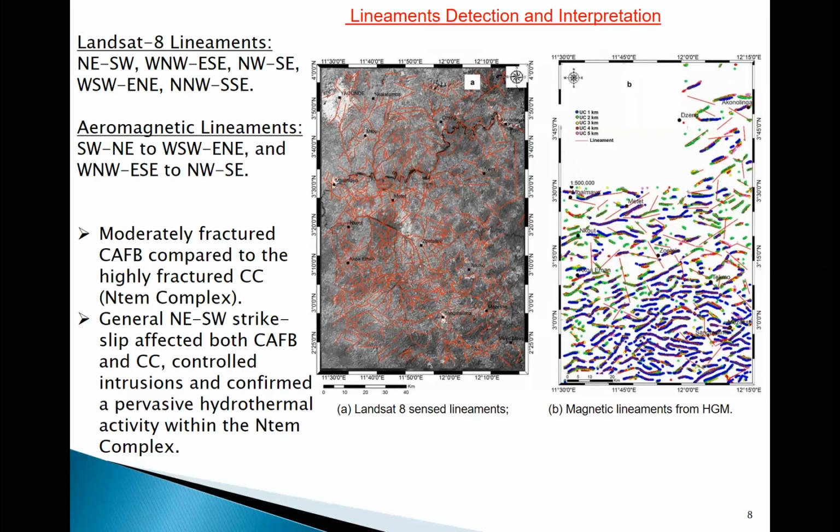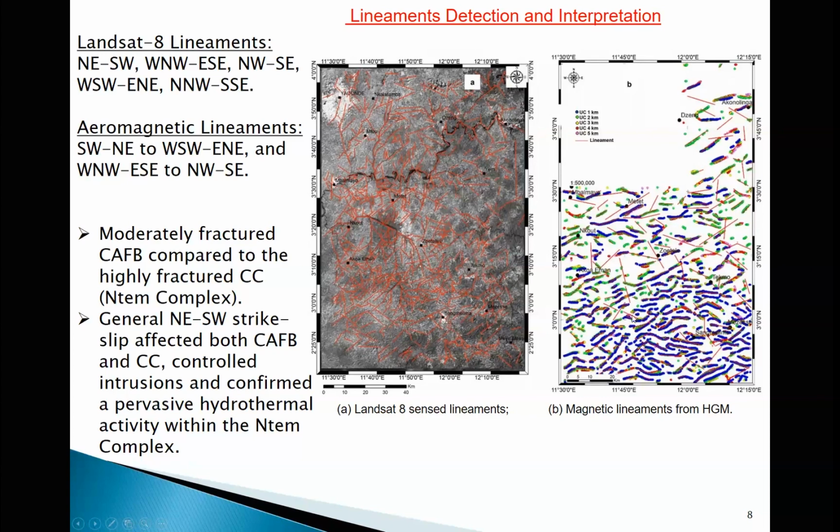But generally, if we take it globally, it was a northeast-southwest trending strike-slip occurrence of most of the lineaments, right? What that tells us is that while the northern area is more or less fractured, there are more fractures in the southern areas, which obviously fall within the Ntem complex that we are interested in.